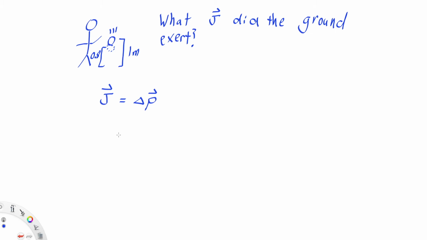What we would like to know then is, what is the velocity of the ball just before it hits the ground and just after it hits the ground. So we can say situation A is just before. Situation B is just after.